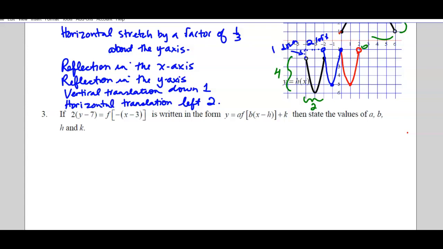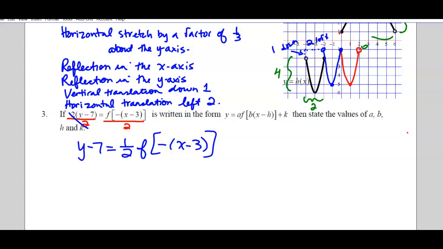So what I would do here is divide both sides by 2, and when I do that, I get y minus 7 equals, and I want to show it with a coefficient of f, exactly that same form. So that's going to be 1/2 f(-x) minus 3.